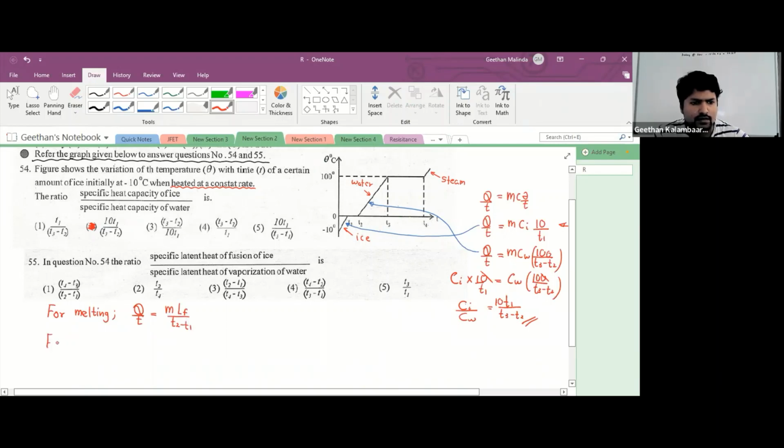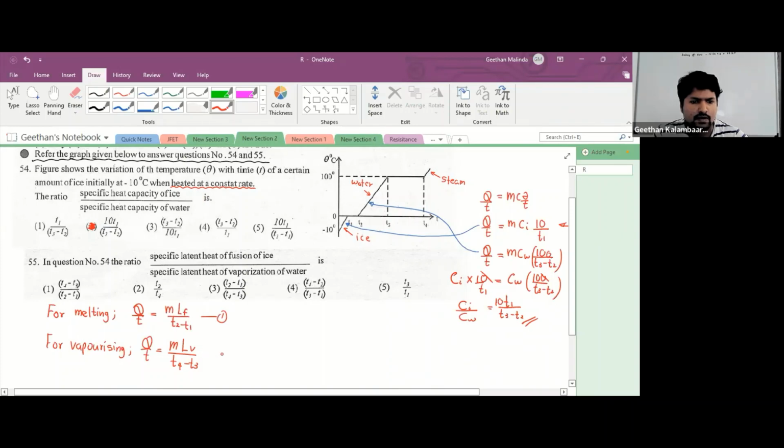For vaporizing, Q by T is equal to mL, latent heat of vaporization, LV, over the time taken, T4 minus T3.